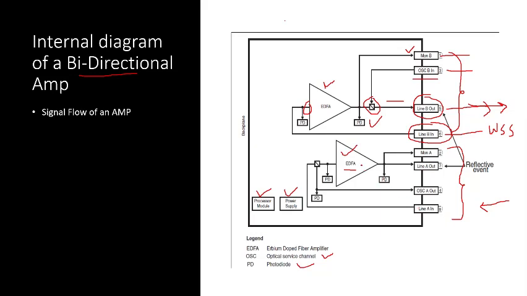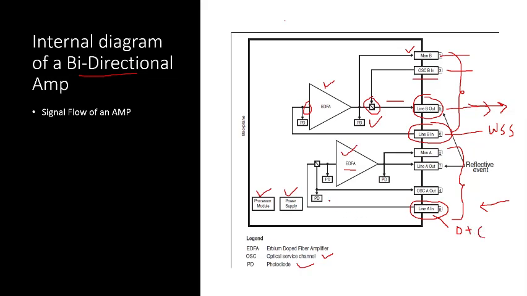It is a pre-amplifier which improves the receiver sensitivity of the signal. Here we are getting the signal at port number 8, line A in, and the signal is a combination of our OSC plus our C band channels.